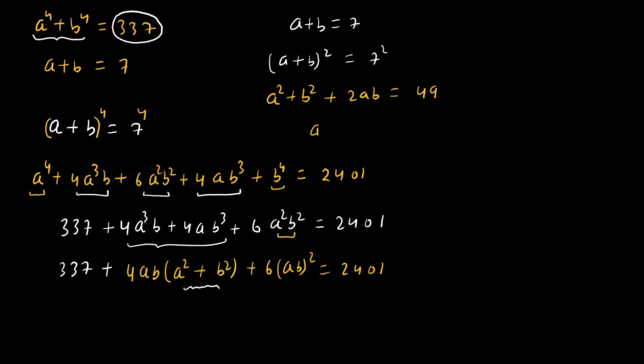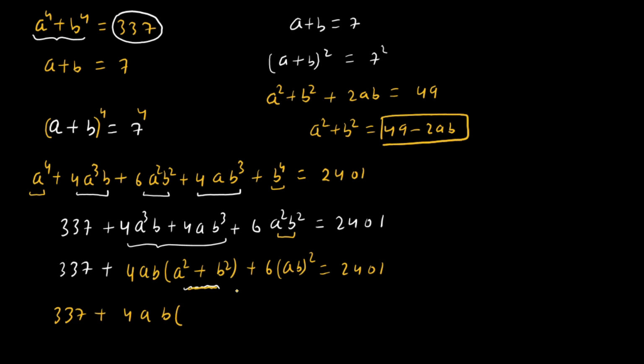Then the value of a square plus b square is 49 minus 2ab. Now 337 plus 4ab, and a square plus b square is replaced by 49 minus 2ab, plus 6 times (ab) square, and this equals 2401.